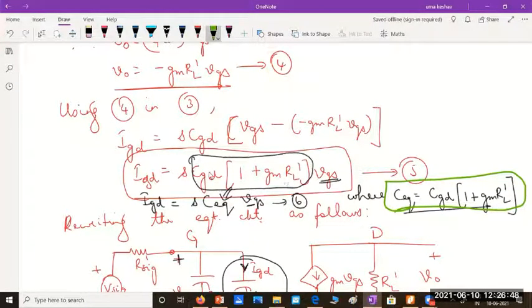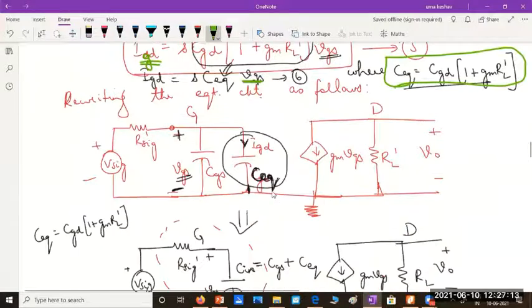If I replace this with C equivalent, the expression for the gate to drain current IGD becomes S into C equivalent into VGS. What does this mean? This means I can connect an equivalent capacitance between the gate and ground, across which the voltage is VGS.